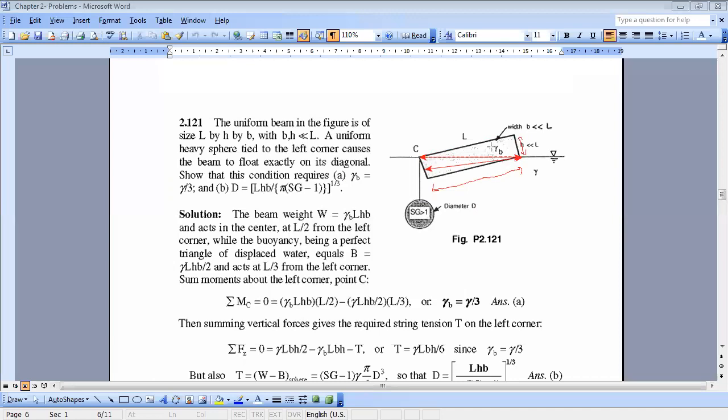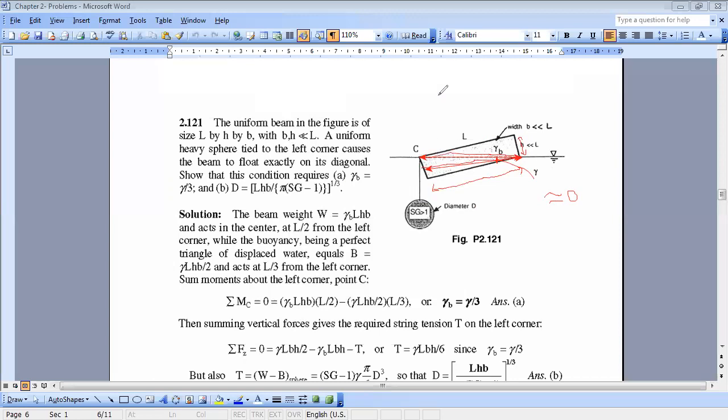It's nearly 0. This means what? This means that since I know that this angle is very small, so this angle is nearly 0, okay. Then this length here is nearly equal to the length of the diagonal.